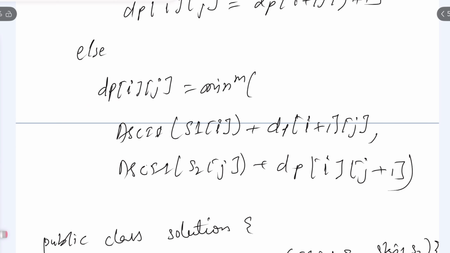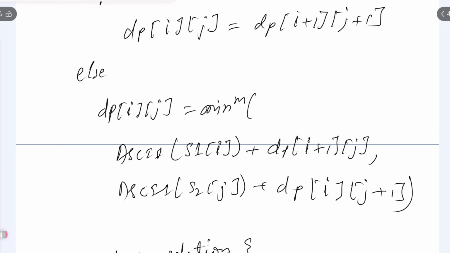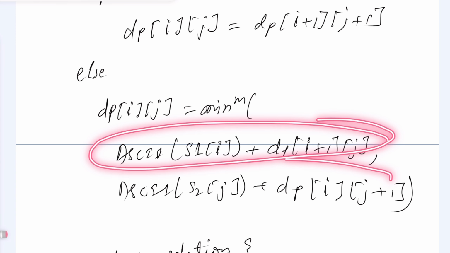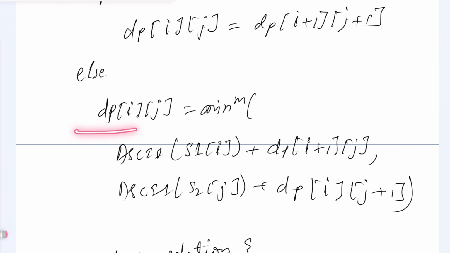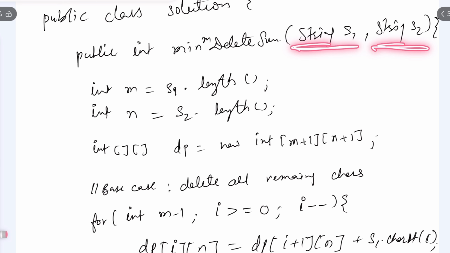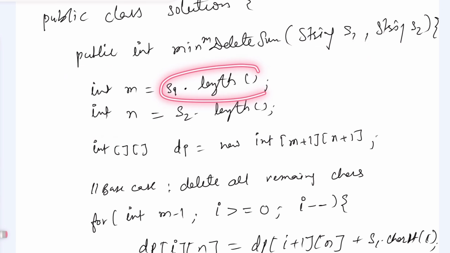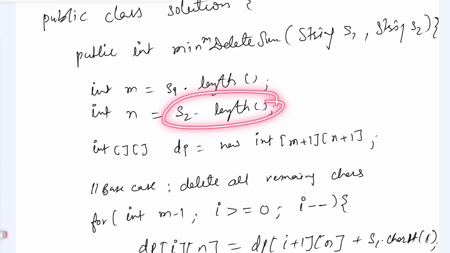That means we are just moving both pointers i and j. Otherwise, we have to find the cheapest one, either from here or from here. Whichever is the cheapest will be stored here. And we will do that how? We will take two strings s1 and s2. We will define m and n using s1 dot length and s2 dot length.